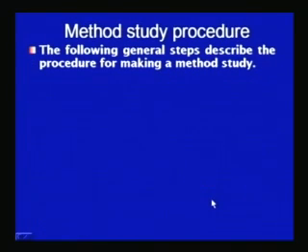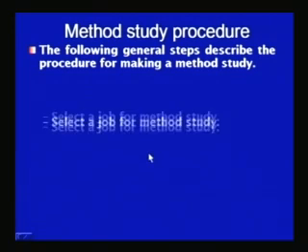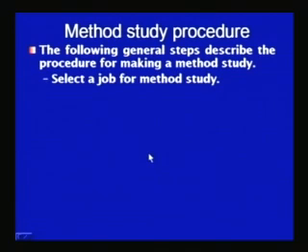The method study is carried out by following 7 steps one by one, and these steps are like selection of the job for method study. The selection of the job for method study is very important, because time and resources are invested in carrying out the method study.